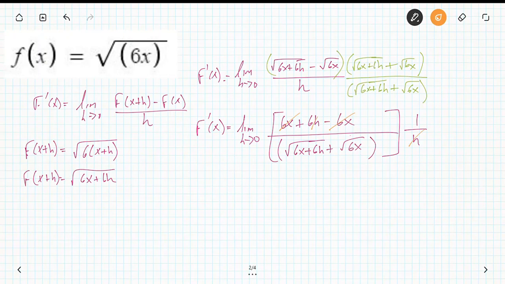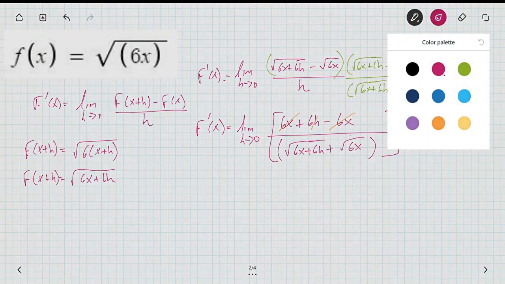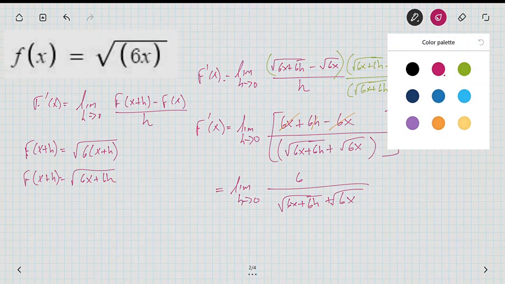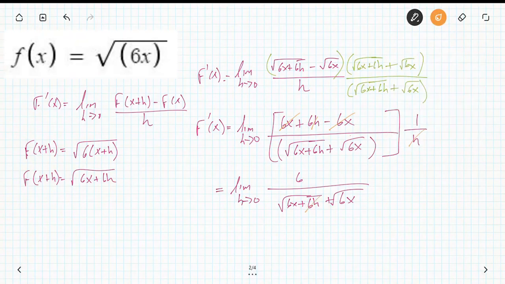Okay, and now let's apply our limit. So let's go back to red. So we're going to say this is the limit as h approaches 0 of 6 over the square root of 6x plus 6h plus the square root of 6x. So as h approaches 0, this term eliminates. Okay, and so then you're simplified to this.